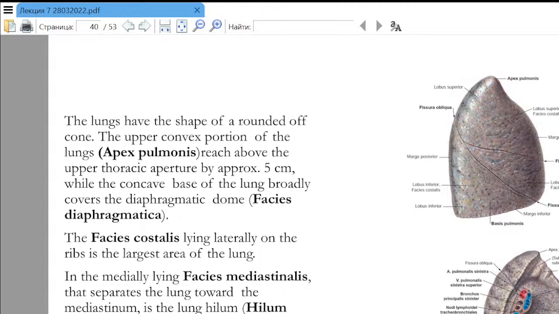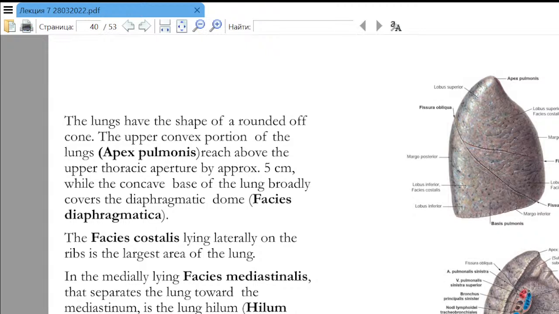This is the apex, facies diaphragmatica. This is the facies costalis, lying laterally on the ribs, the largest area of the lung. Medially lies the facies mediastinalis, which is separated by the lung hilum towards the mediastinum.